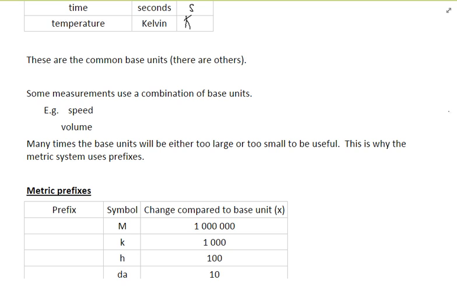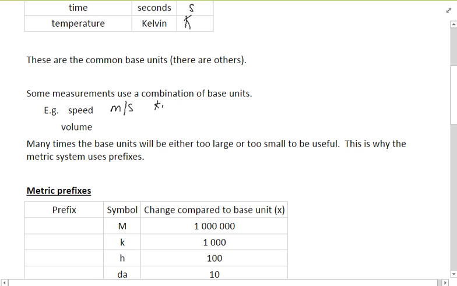The units there would actually be something like meters per second. I'm taking a unit of length and a unit of time and combining them. I could also have something like kilometers per hour, again combining two different units to form another unit.